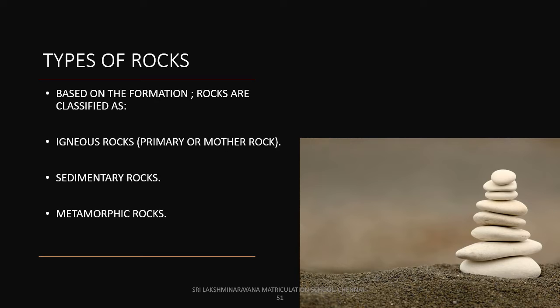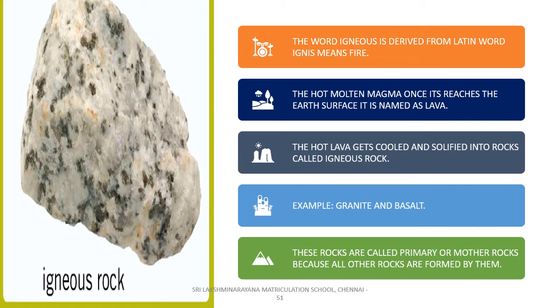Now we move on to the types of rocks. Based on the formation, rocks are classified into igneous, primary or mother rock, sedimentary rock, and metamorphic rocks. The word igneous is derived from the Latin word ignis, meaning fire. The interior of the earth contains very hot molten material called magma.